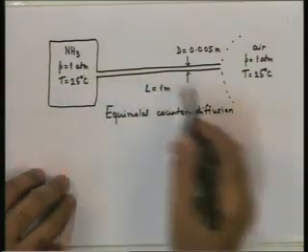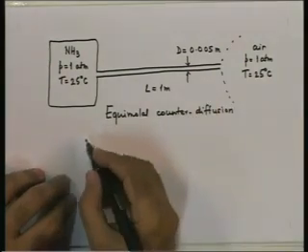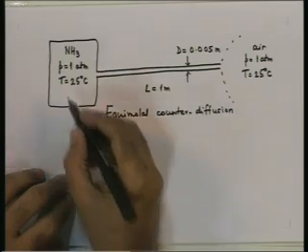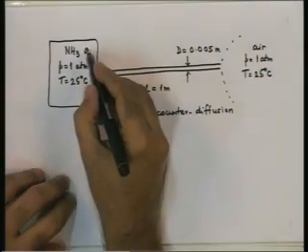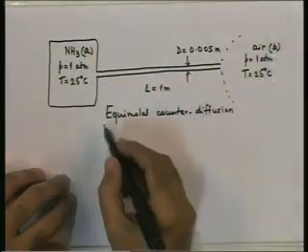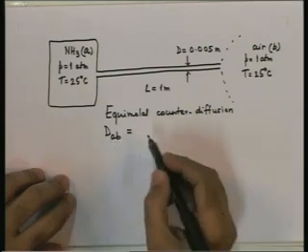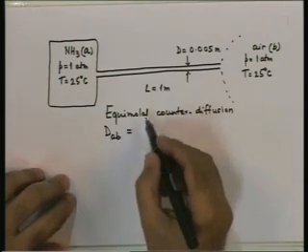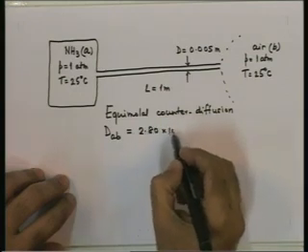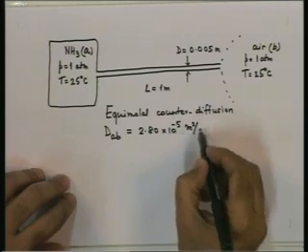For ammonia diffusing into air, from the data part of which we saw yesterday, let us say ammonia is component A and air is component B. Then we get DAB at 1 atmosphere and 25 degrees C to be 2.80 into 10 raised to minus 5 meters square per second.